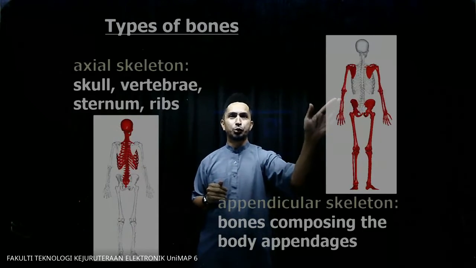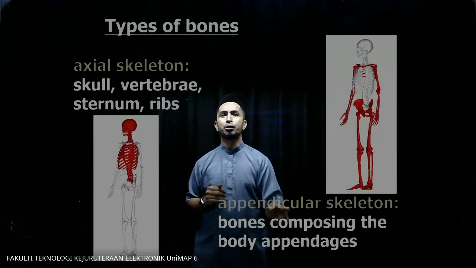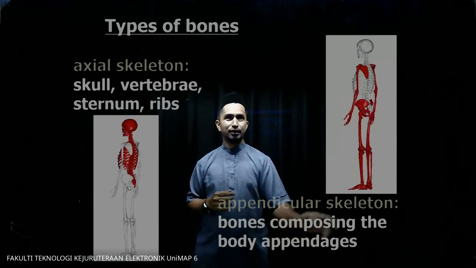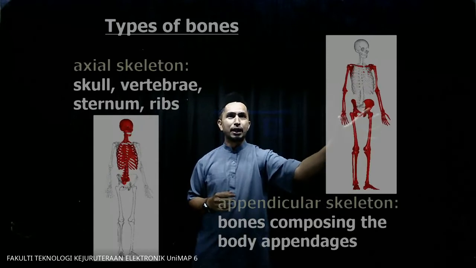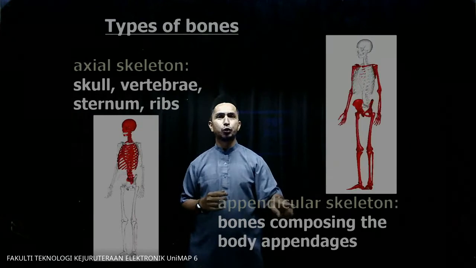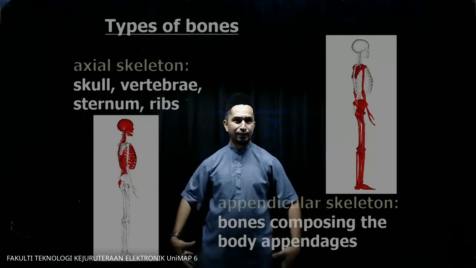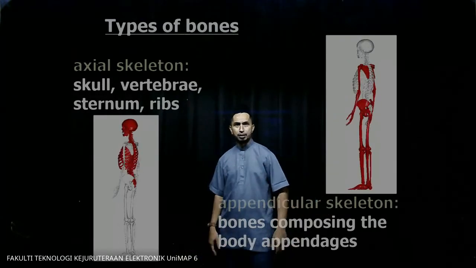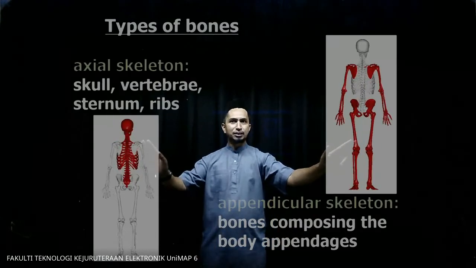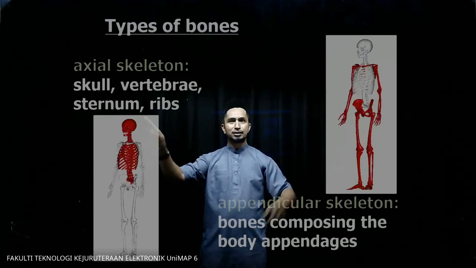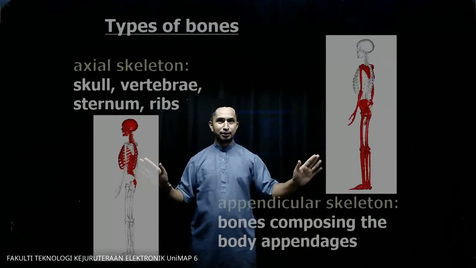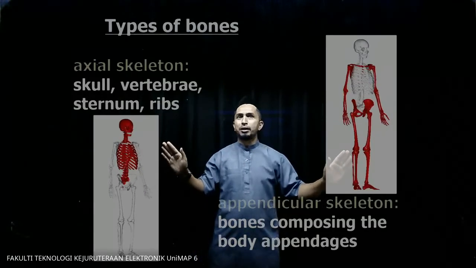This is appendicular. Appendicular bone composes the body appendages. Komponen utama dalam badan kita, tulang dalam badan kita, is referred to as appendicular skeleton. Our hand, our foot, our hip, that is appendicular skeleton. The axial skeleton only consists of the skull, vertebra, sternum, and the ribs. Okay, nampak beza.